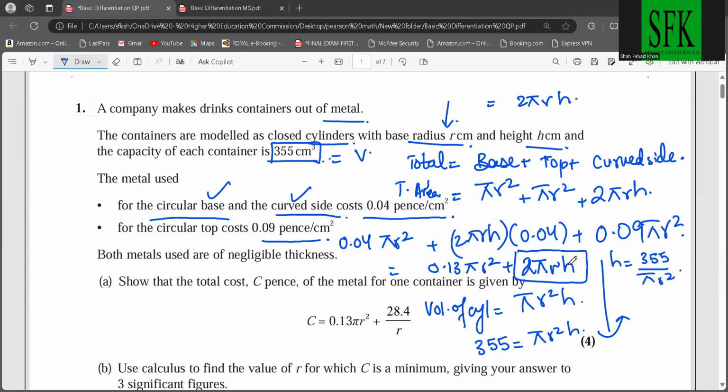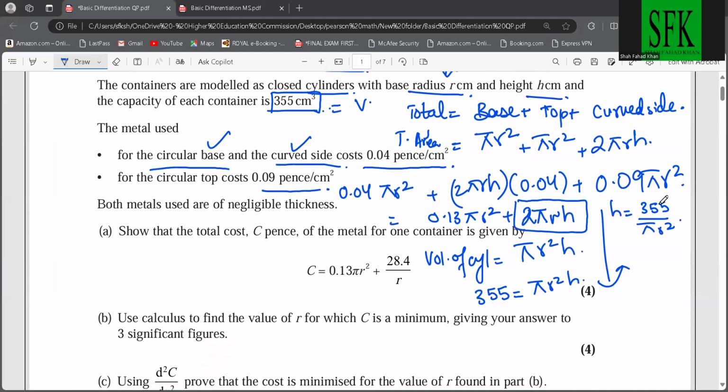Take the h and put it back into this equation. This becomes 0.13 pi r squared plus 0.08 pi r multiplied by 355 over pi r squared. So r squared and r cancel out, and pi and pi cancel out.